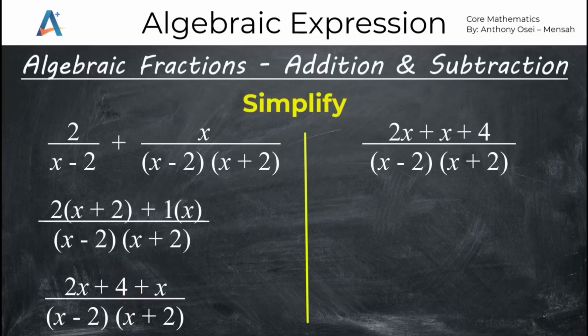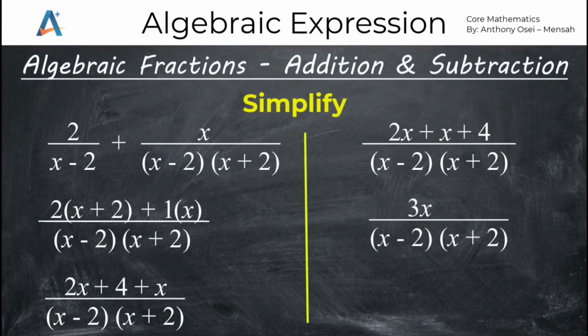Then we continue to simplify the top. Now 2x plus x gives us 3x. So we have 3x at the numerator and plus 4, all divided by the LCM, which is x minus 2, x plus 2. Now, if you check the numerator, you realize that 3x plus 4 cannot be added because they are not like terms.